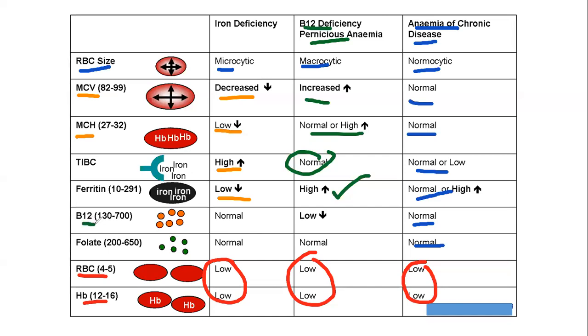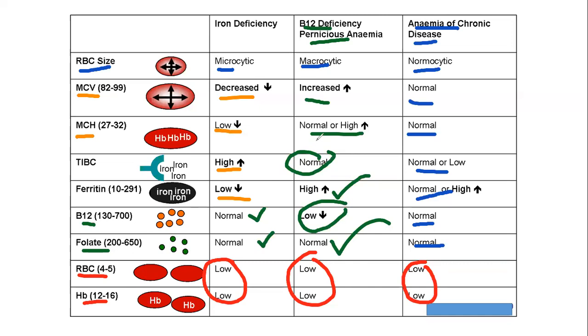And B12 and folate, in case of B12 deficiency, definitely B12 is supposed to be low because it is B12 deficiency. But folate must be normal. In iron deficiency, folate is normal, B12 is normal. But in B12 deficiency, B12 is not normal, it is lower.